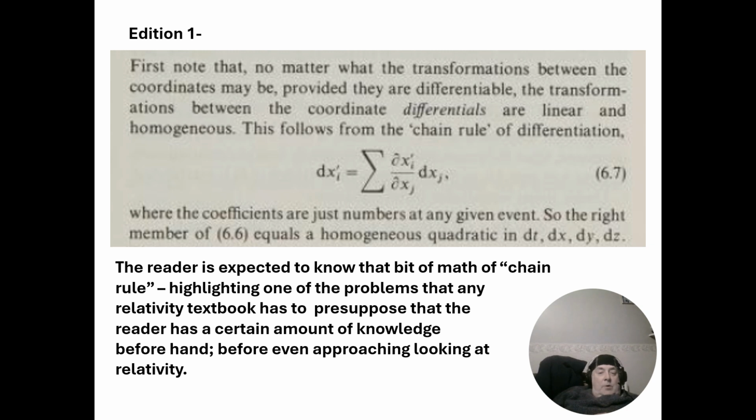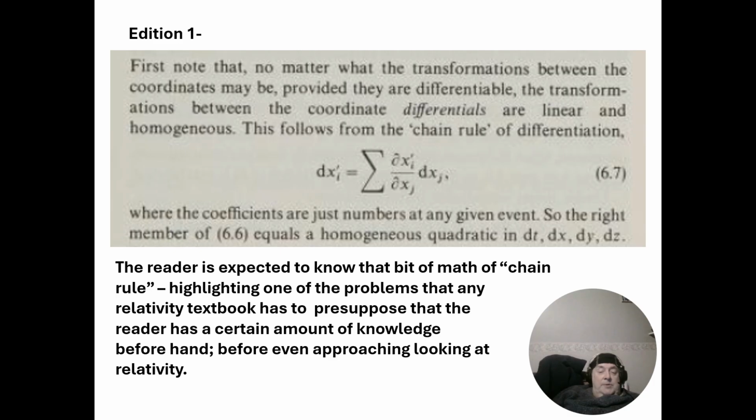And so in this bit of what the book is saying in edition 1, it's talking about using the chain rule, and that's a bit of mathematics. And so before even dealing with relativity, you're supposed to know mathematics such as the chain rule.